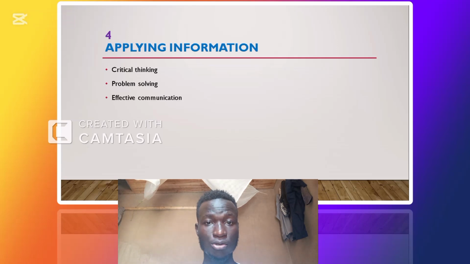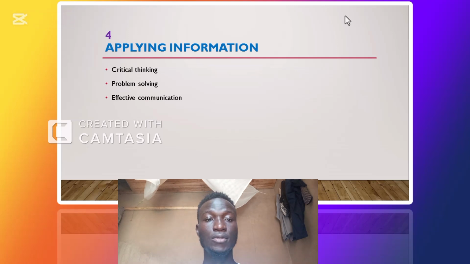The next one is problem solving, and the third one is effective communication. You need to communicate in case you're finding difficulties when applying the information you've researched. So that is that. I think that can now make us proceed to look into another thing.